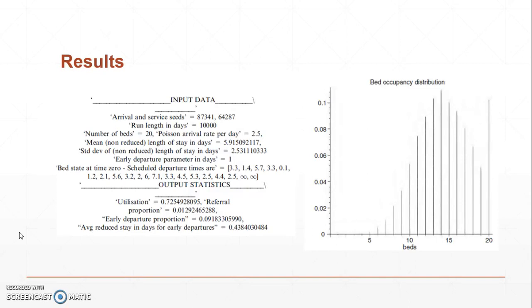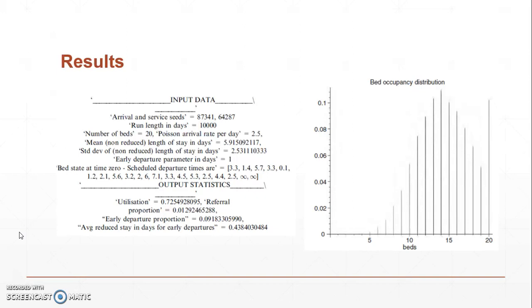We can see that the mean and standard deviation of patients' length of stay are 5.92 days and 2.53 days. We can also see that early departures are possible up to 1 day, so that's when alpha equals 1, prior to the scheduled departure times.